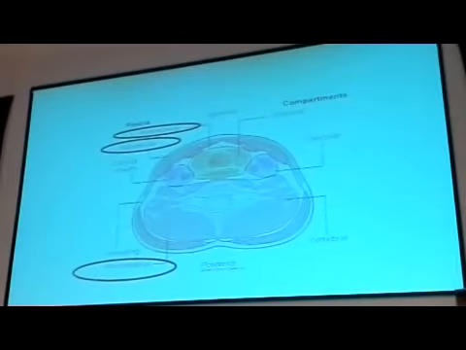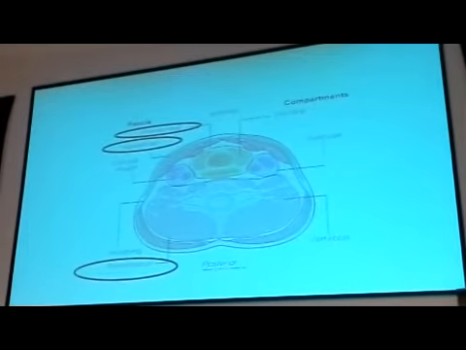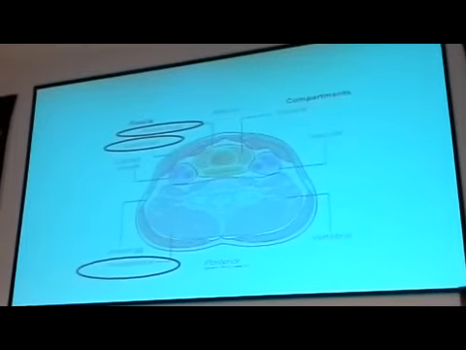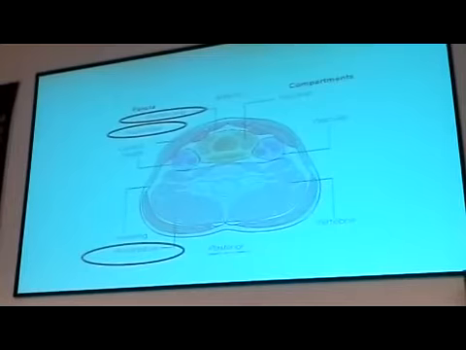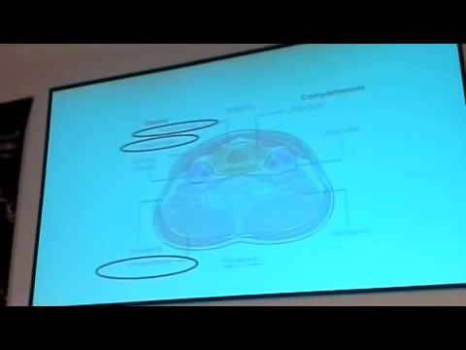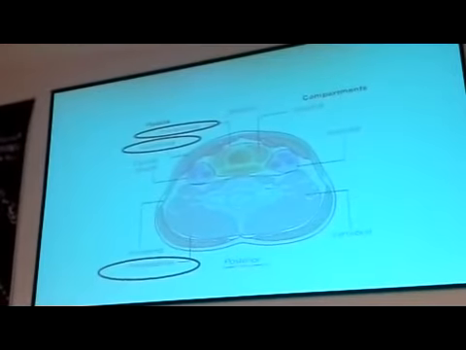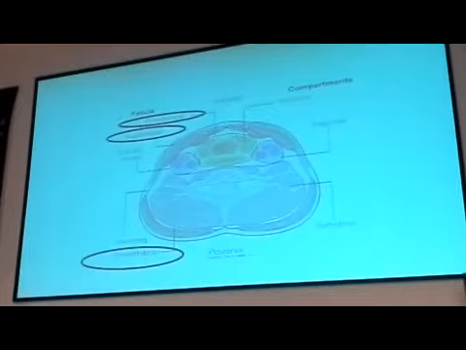So that is the skin. This superficial fascia containing platysma. This is a deep fascia, the investing layer, which is the blue color. And there is a fascia covering the muscle, the vertebral muscle.